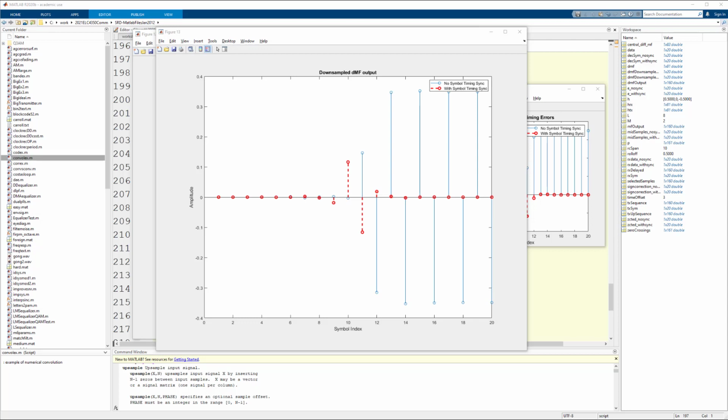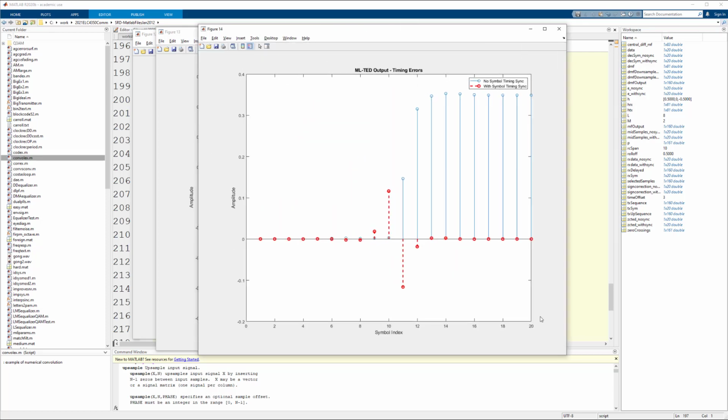So if you hit a peak, the derivative should give you 0. So we see that the red dots are exactly at the 0 position, versus the blue dots. The blue dots are without any symbol timing sync. Therefore, the derivative is non-zero. We can see we have some non-zero derivative at around 0.35 and negative 0.35.